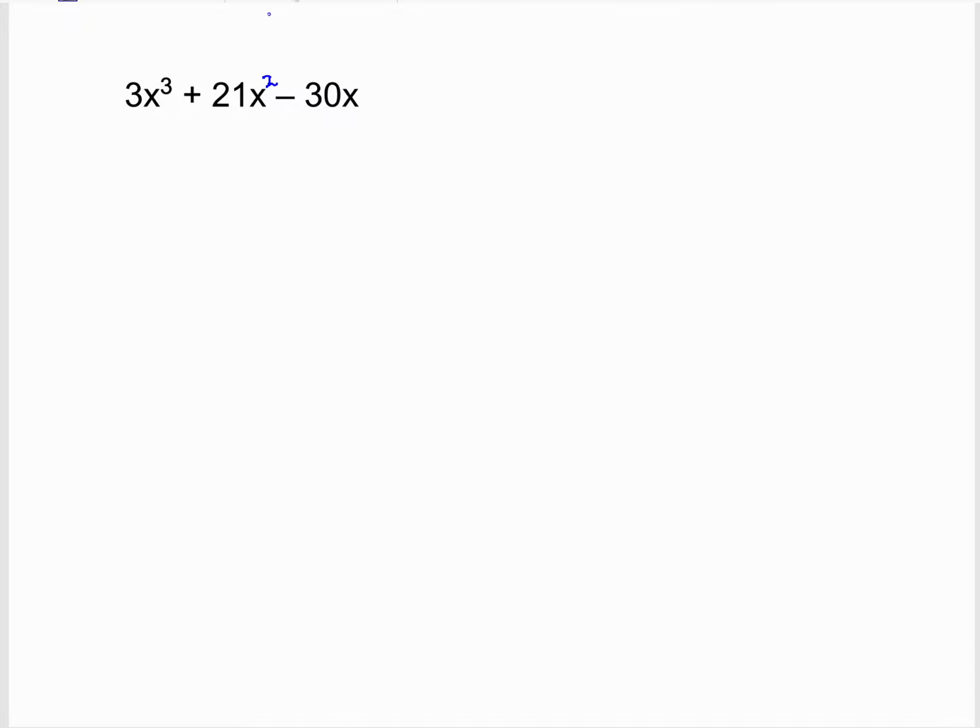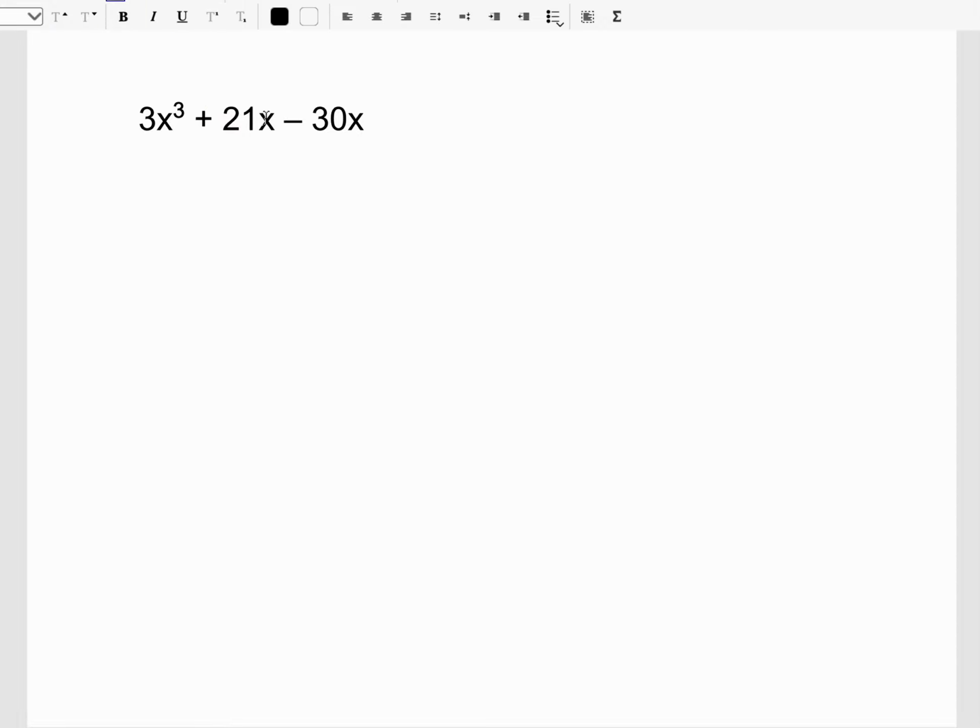Let me correct this real quick. I'm glad it's not in your notes because it's just not right. This should be squared. And this should be 36. Okay, that's going to work better.